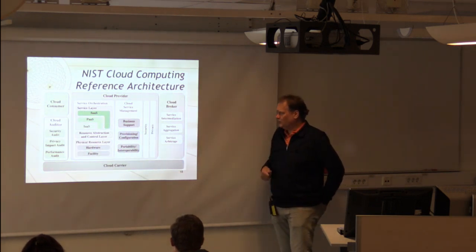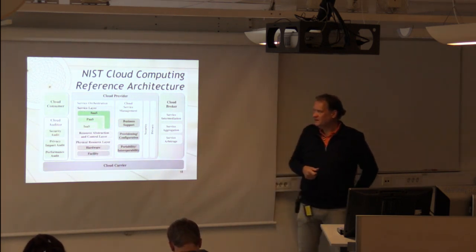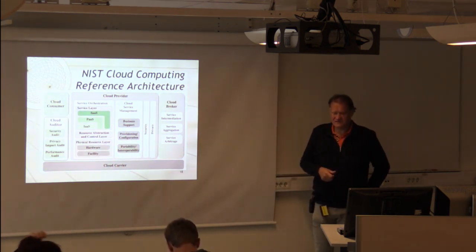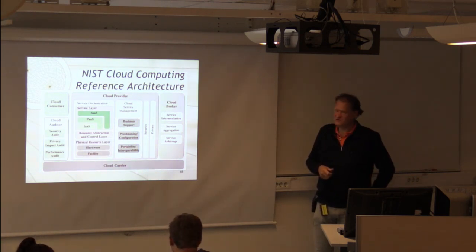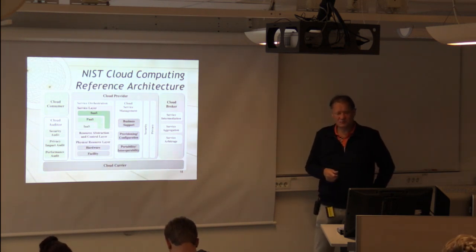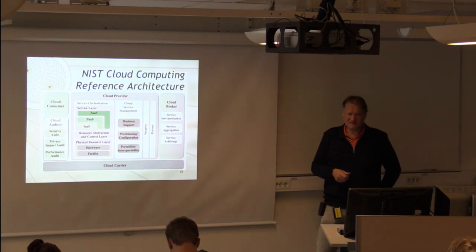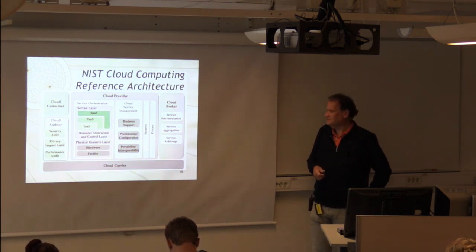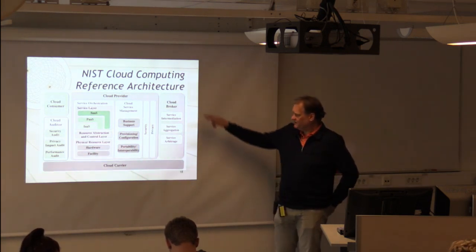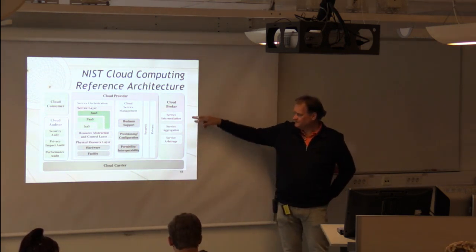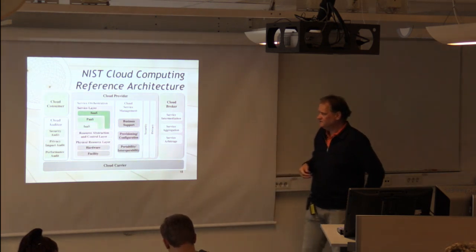And then we have a cloud broker. And that is also a separate organization. They also can help a cloud customer to decide on what type of cloud provider, what type of solution they need for a certain problem they have. So the things that the cloud broker can do is service intermediation.